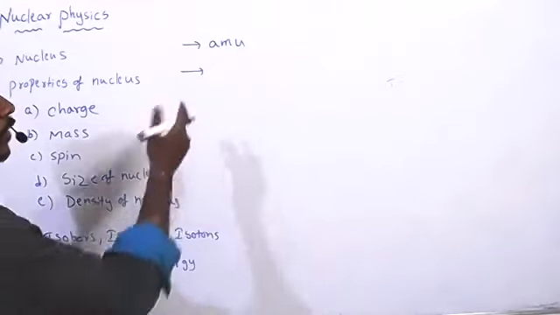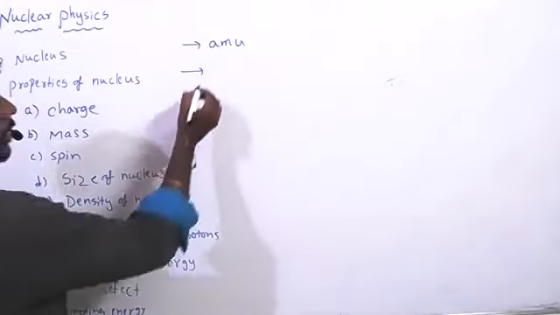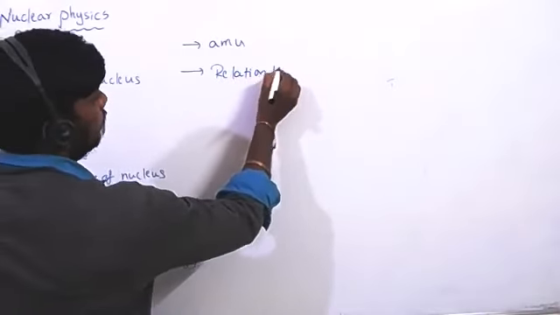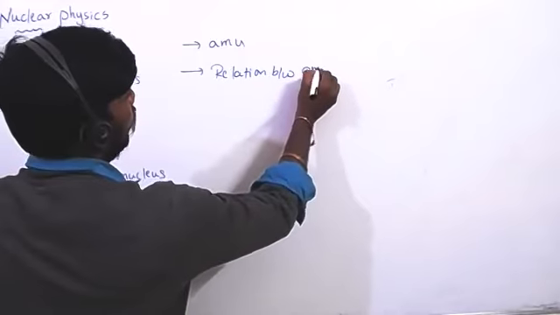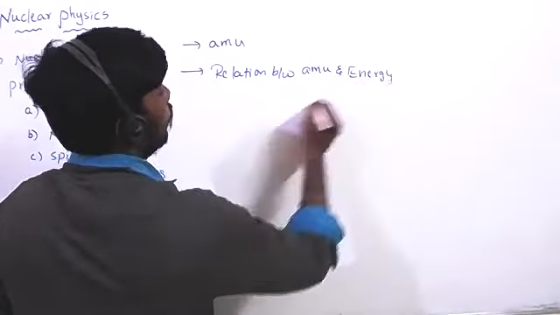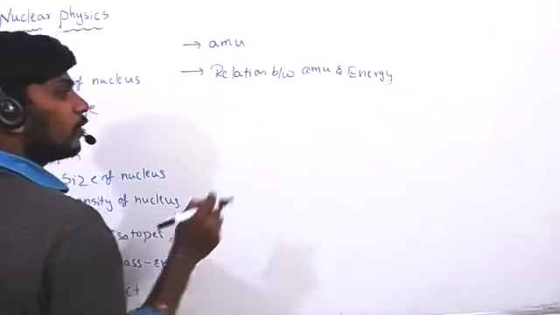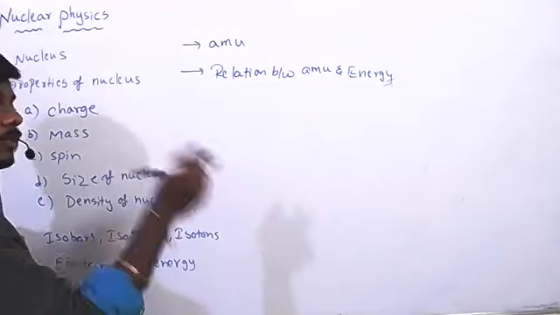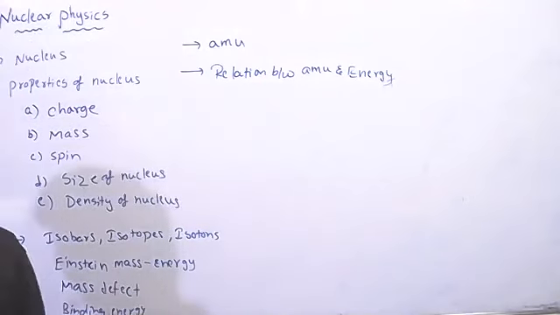If you combine the two, you will get AMU. And we even derived the relation between AMU and energy. So 1 AMU equals 931 mega electron volt. It is very, very small, but very useful. That's what we have discussed.